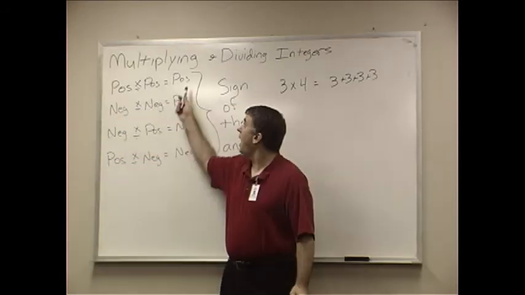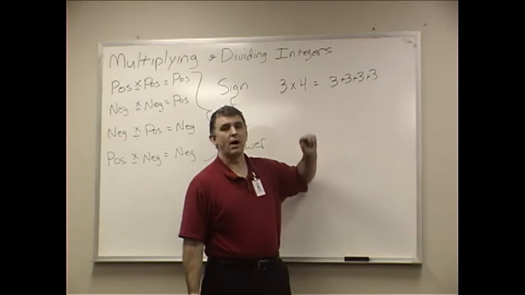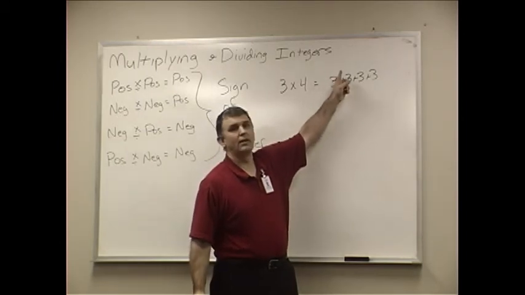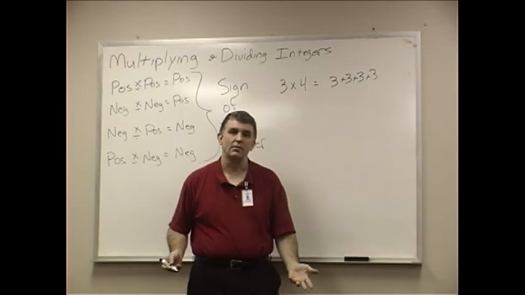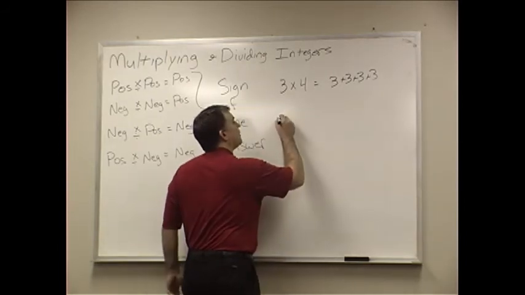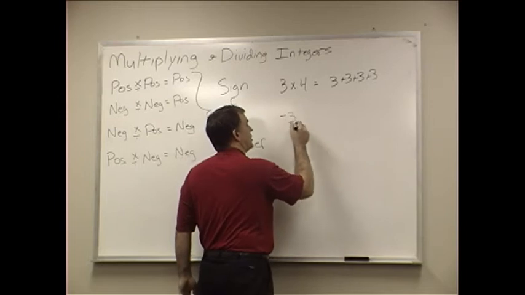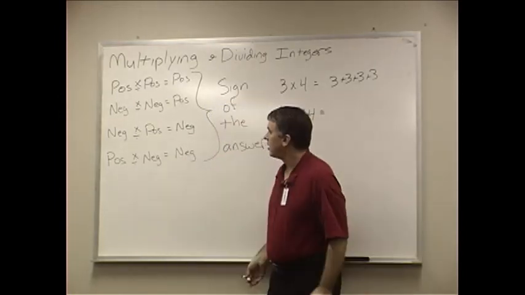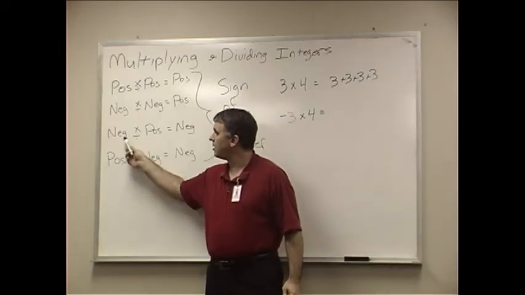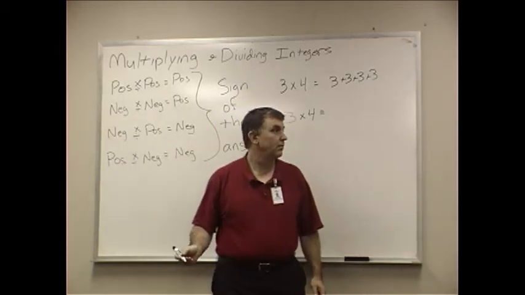But we just want to know, why is it always positive? Well, think about it. A positive plus a positive plus a positive plus a positive, that answer is always going to be positive. What if I did, and I'm going to jump down here, negative 3 times 4? This is going to be this rule right here, a negative times a positive.